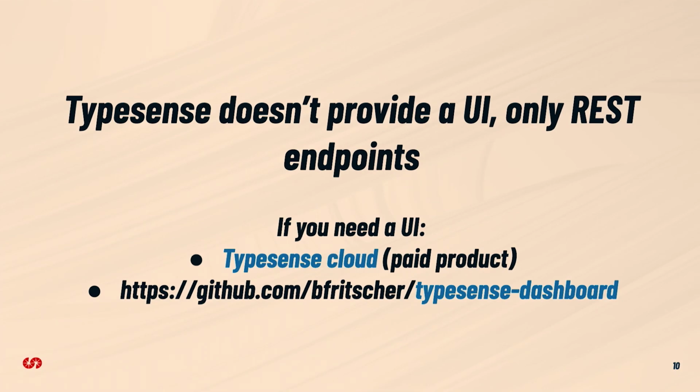The point, as you may know from the Solr or Elasticsearch systems, is that Typesense does not provide a UI. You can just talk to it using REST APIs. If you need a UI, you can buy Typesense Cloud, or use the Typesense dashboard, a Node.js application that you can run on your local environment to interact with Typesense.